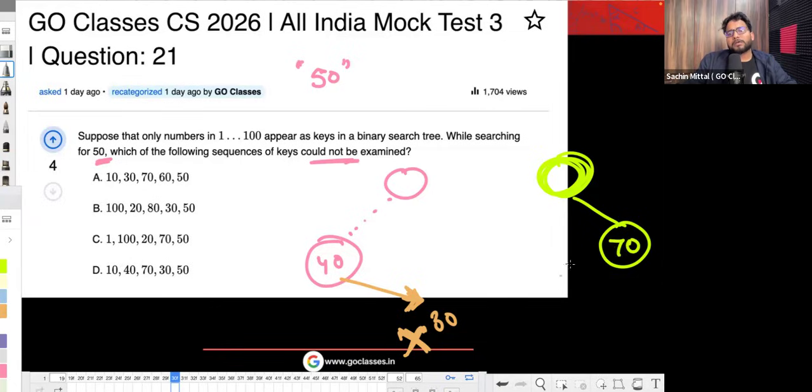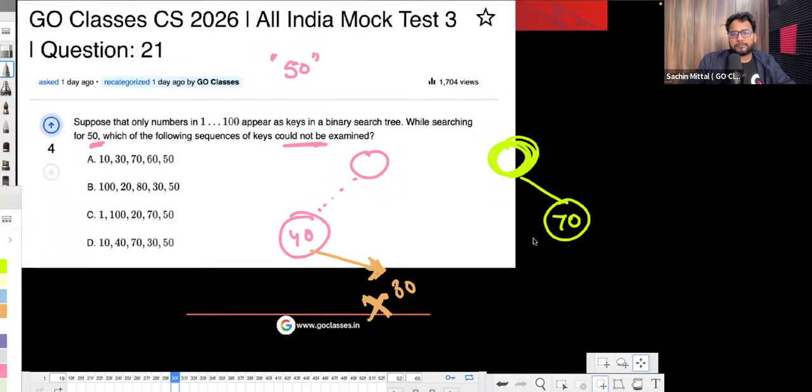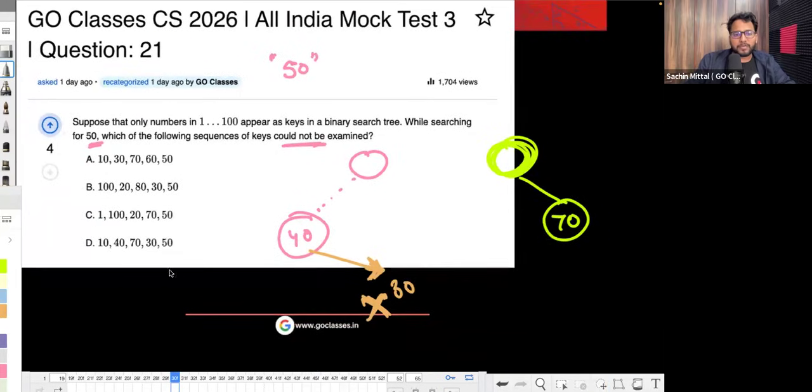If you are searching for 50, then will you go to the right of 70 or the left of 70? You will go to the left of 70. Now, can you ever encounter 80 on the left? 80 is not possible on the left, right?